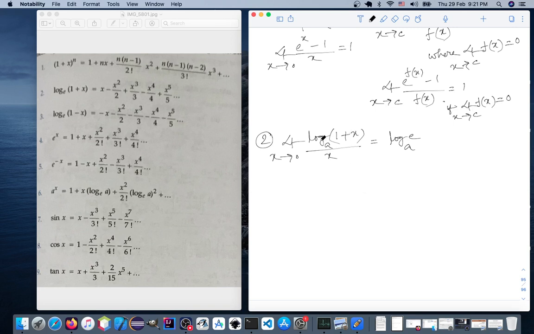Here we have the log to the base a. So the result is this. This is the special form.